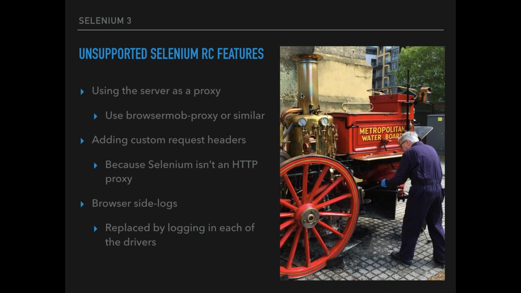The first thing that people used to do is, because of the way Selenium RC was implemented, it was quite often used as a proxy during tests as well. The new Selenium server does not support that sort of proxying capability. If you want to use a proxy, then I suggest taking a look at BrowserMob Proxy or a similar project in order to do what it is that you need to do.